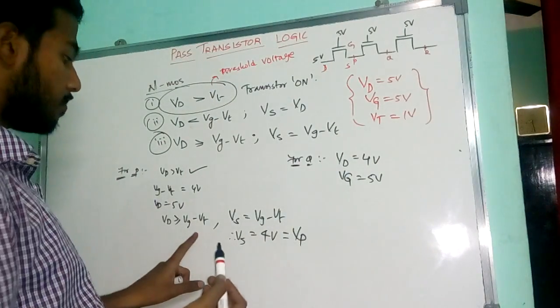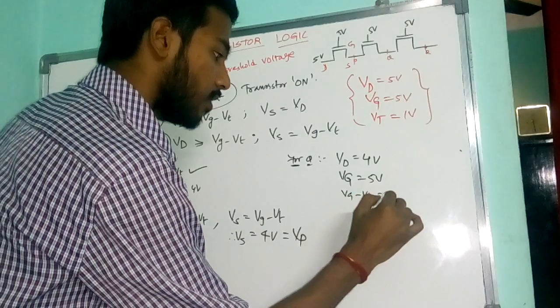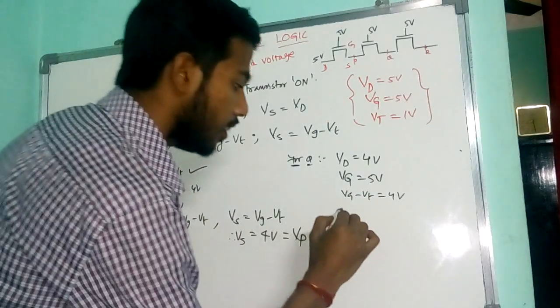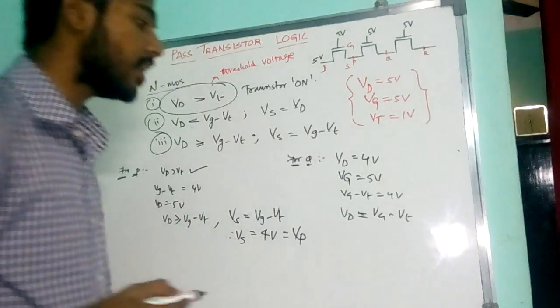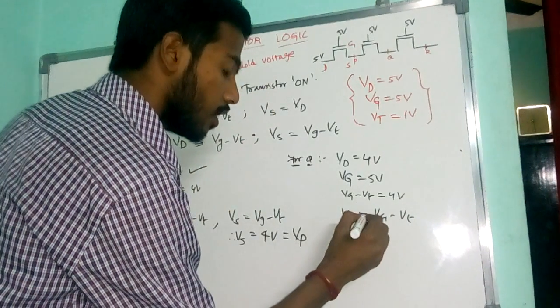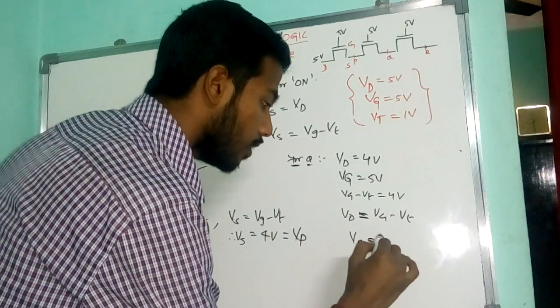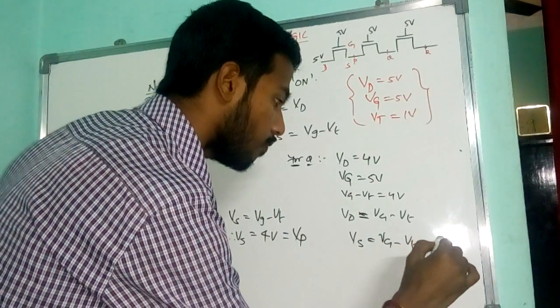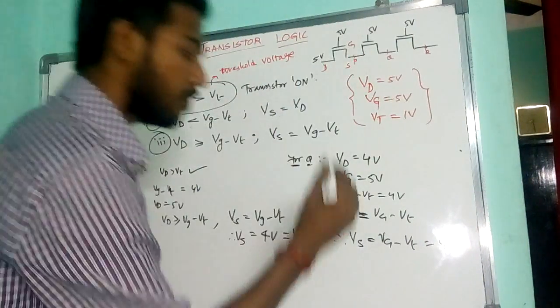Now what is my Vg minus Vt? It is 4 volt. Here Vd is equal to Vg minus Vt, so again the second condition only. So what will be my output? Vg minus Vt, that is equal to 4 volt. But here this is Vq.